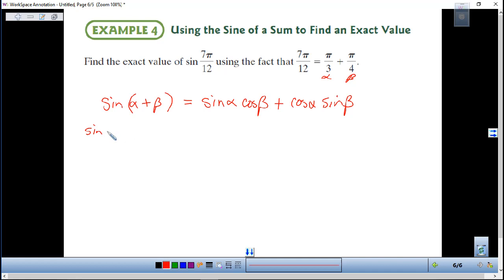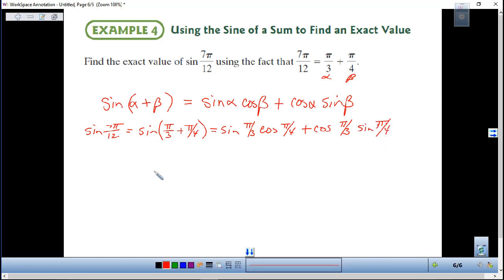So the sine of 7 pi over 12 is equal to the sine of pi over 3 plus pi over 4, which equals sine of pi over 3 cosine pi over 4 plus cosine pi over 3 sine pi over 4. All right, so go find all these values. You should know them. If you don't, you need to go back and study your unit circle.